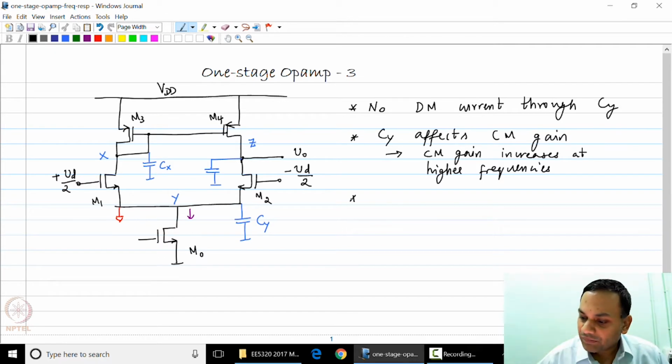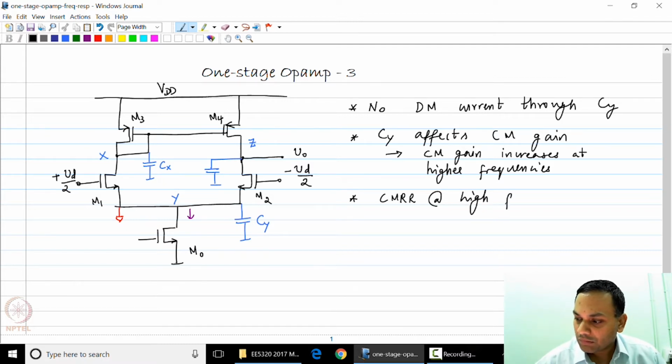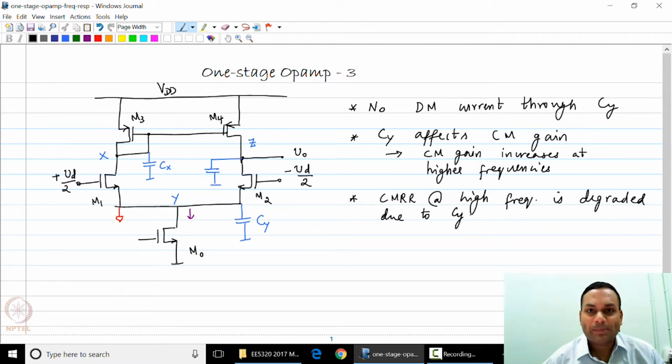And finally, the CMRR at high frequencies is degraded due to Cy.